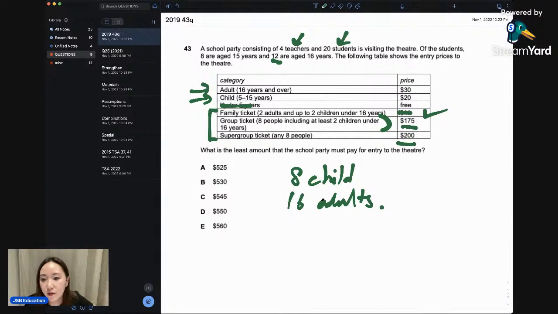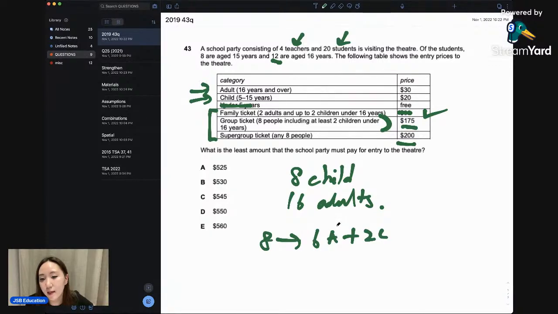So given that we've got 8 children and 16 adults, we need to buy here, basically, with this one, if we buy one of these, so 8 people, this would cover 6 adults and 2 children, which would mean that in total, how many would we actually need?